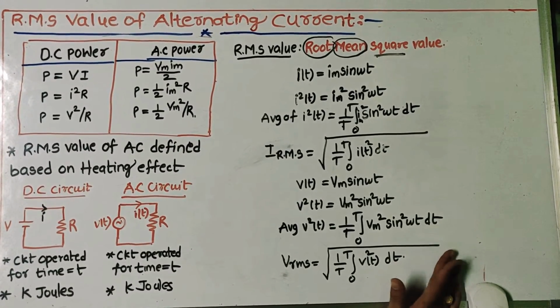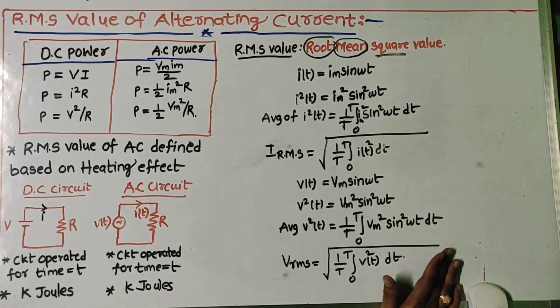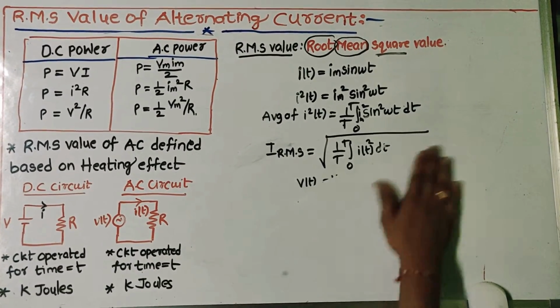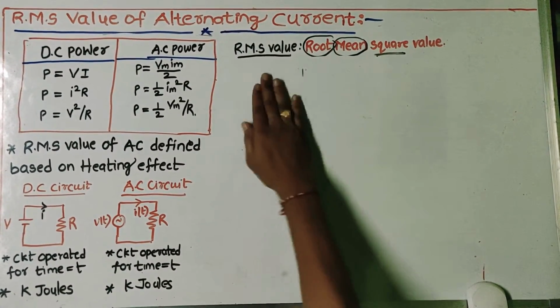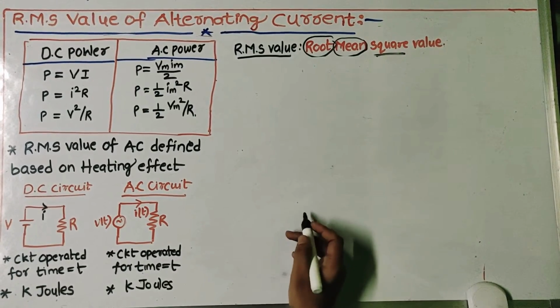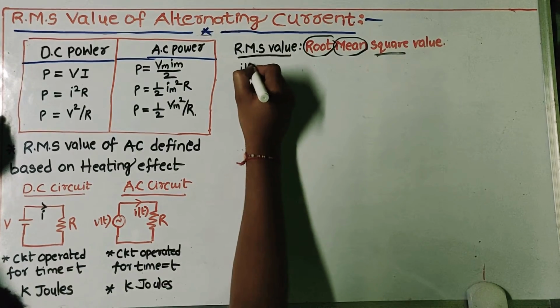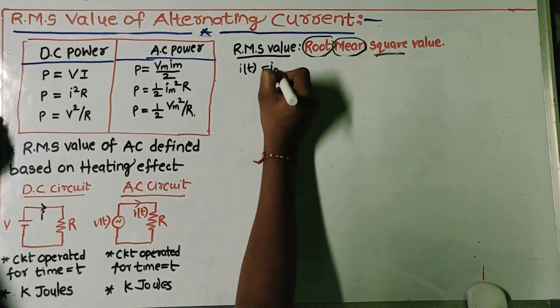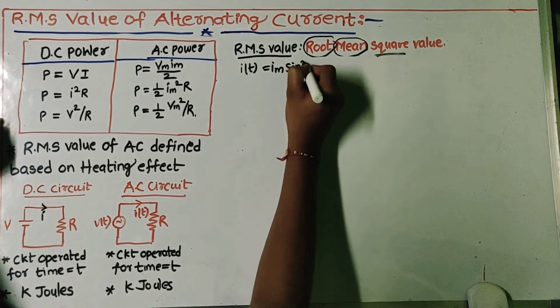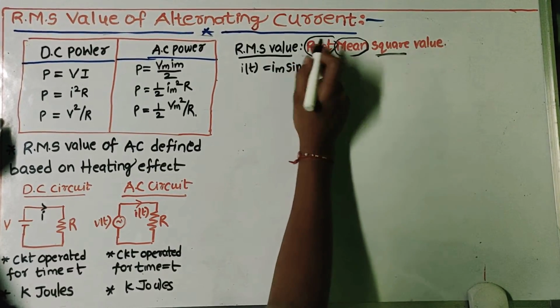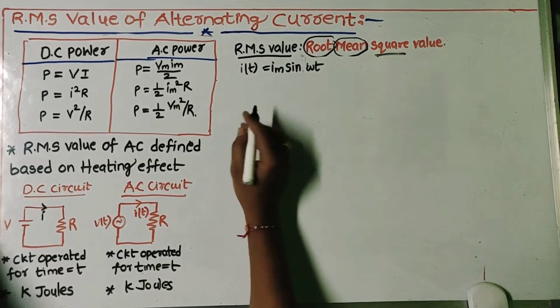Okay, first I am going to find out the RMS value of alternating current. So what is the formula for RMS value of alternating current? So we know that I of t equals Im into sin omega t. So write the IRMS.